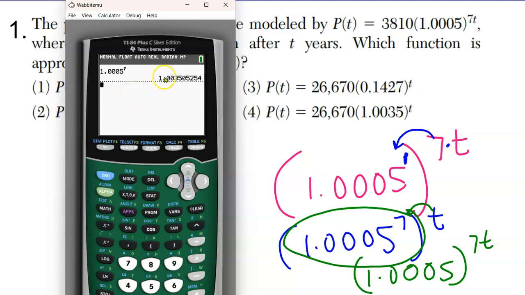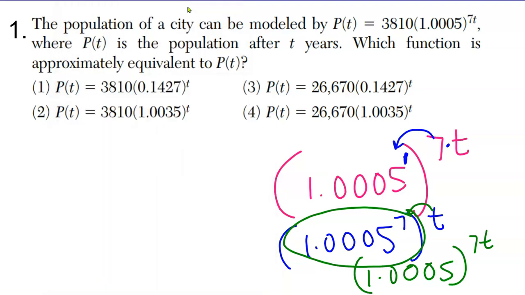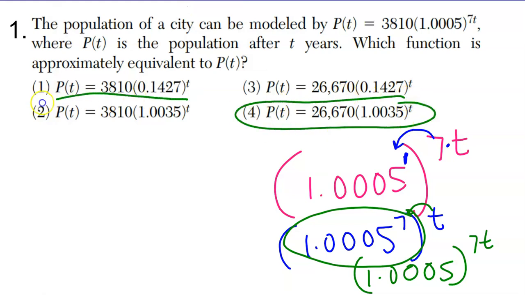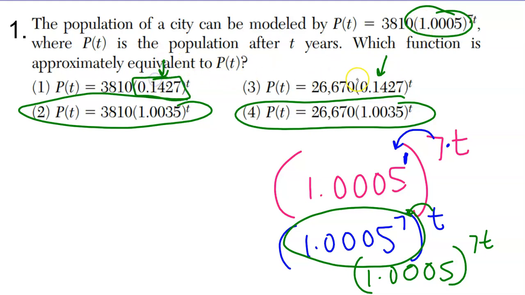And I get 1.0035. So I know that my growth here has to be 1.0035. And the question is, which one of these items will it be? If it's equivalent, and this is growth, these were definitely not, because these items are lower than 1.